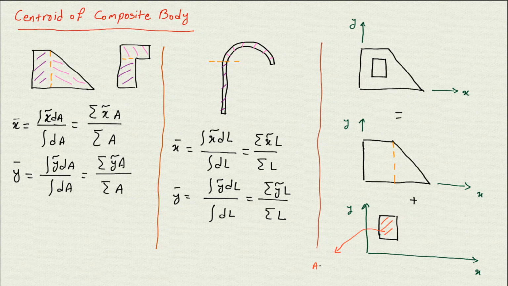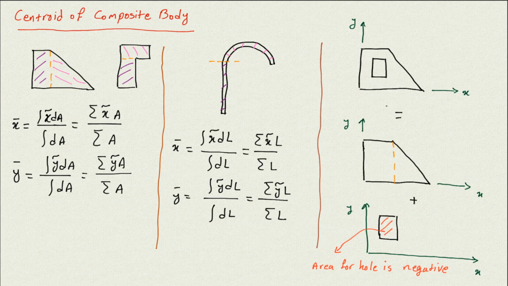So the area for the hole is negative. Whenever we are doing this calculation, and we add the areas together, or we calculate the sigma xA or sigma yA, in those calculations we just use the negative value for the area because actually that area is not there.